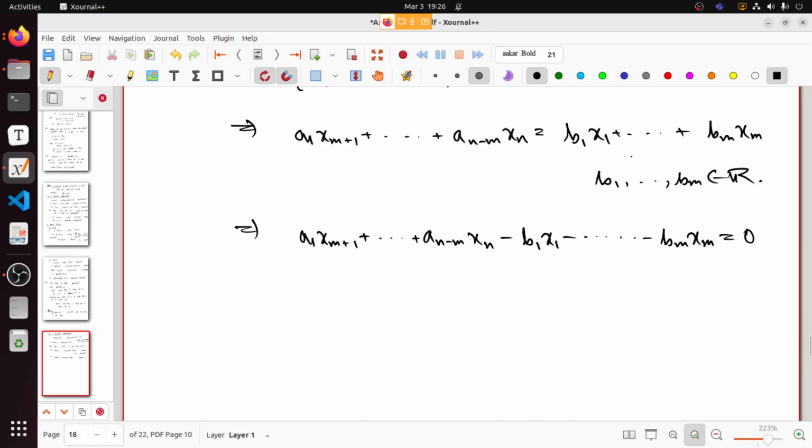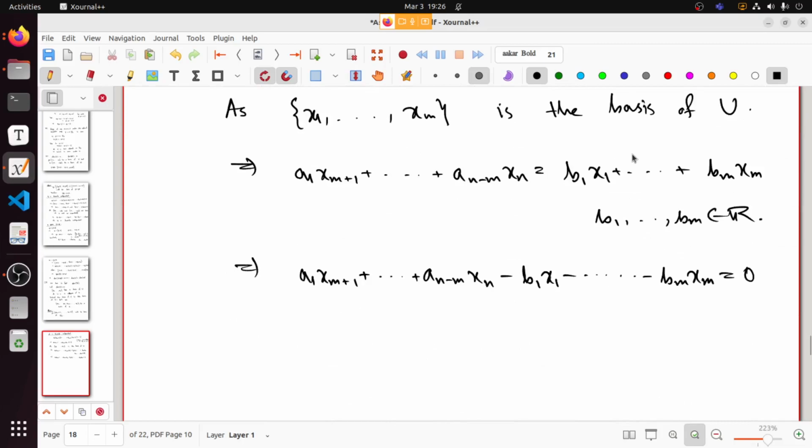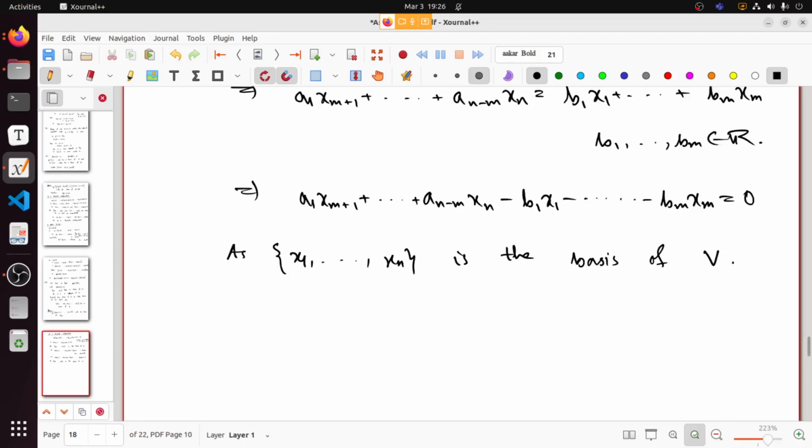So we get that a linear combination of x1 up to xn is 0, and we have taken x1 up to xn to be a basis of V. So these are linearly independent, and all the coefficients should be 0, which implies a1 up to a(n minus m) are 0.